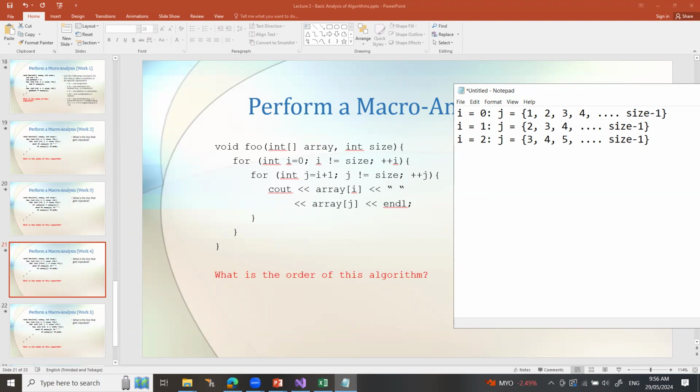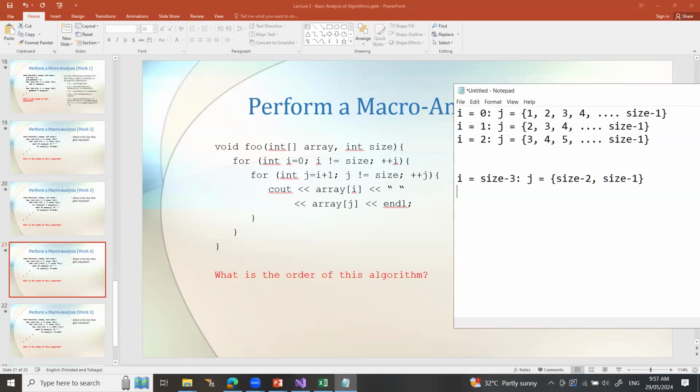Let's say i is equal to size minus 3. What are the values of j? Size minus 2 and size minus 1.